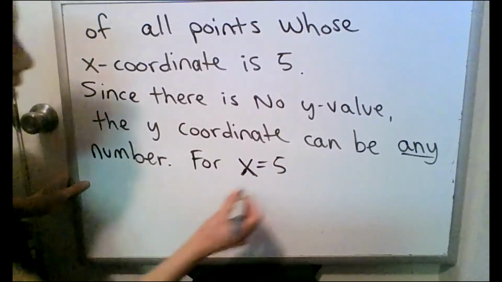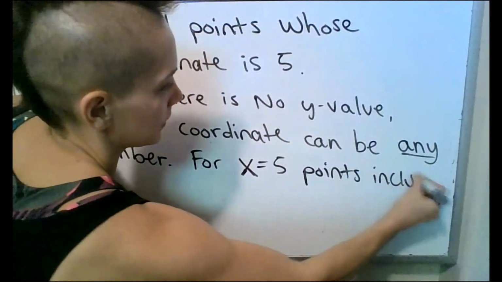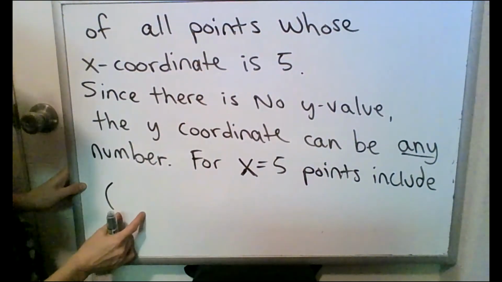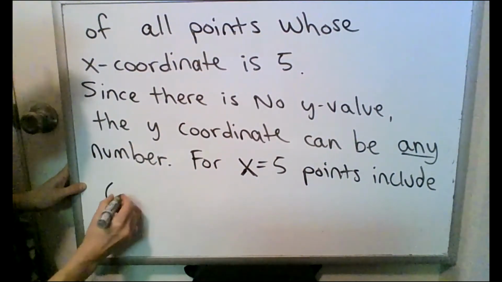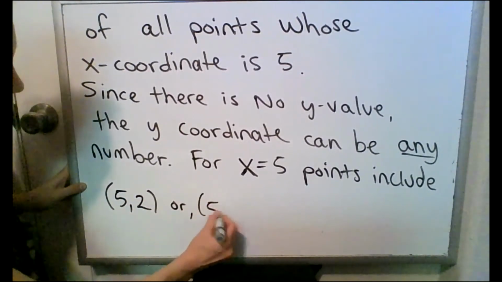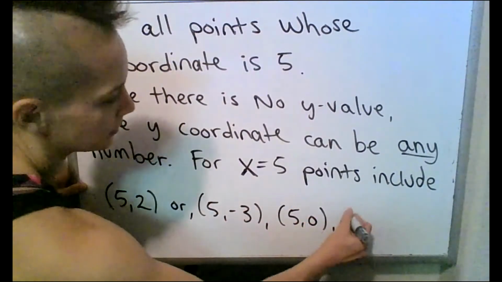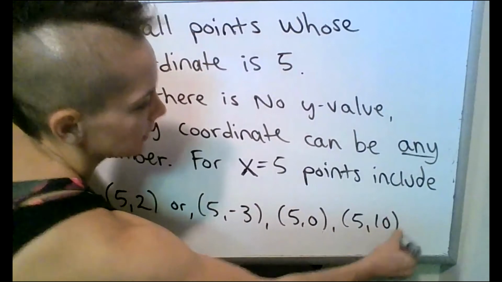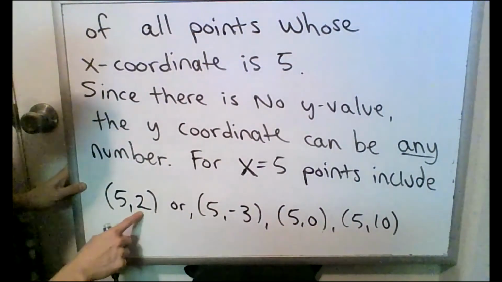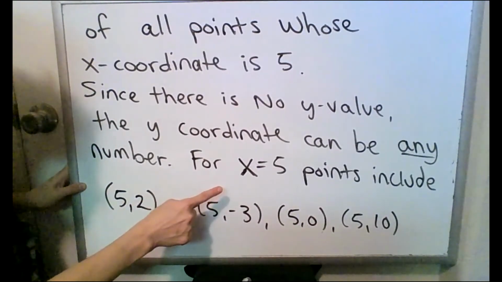We can have points that look like, it has to be 5 for x and any number for y. So let's do (5, 2). Or let's do (5, -3). Or how about (5, 0)? Maybe (5, 10). As long as 5 is your x value every time, and you can put any number here for y, that's a point on that line.